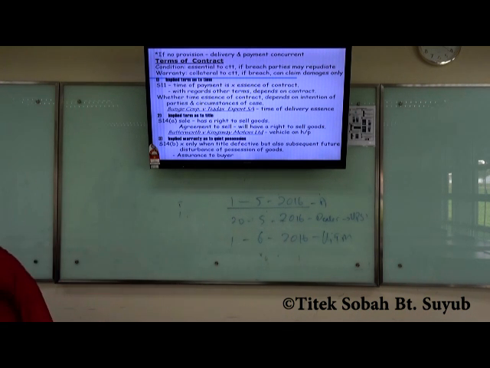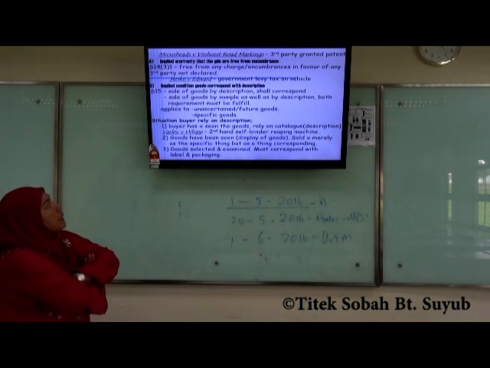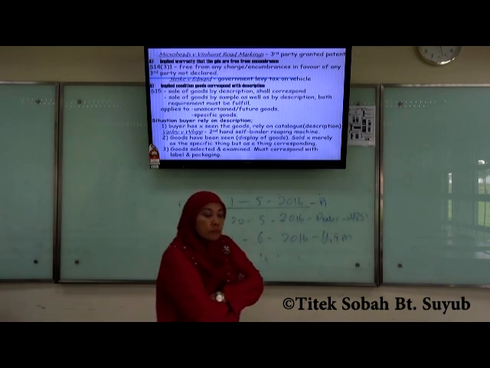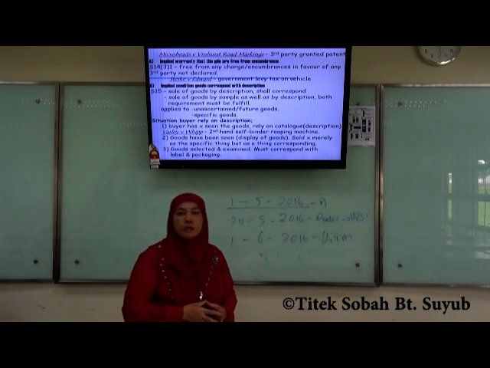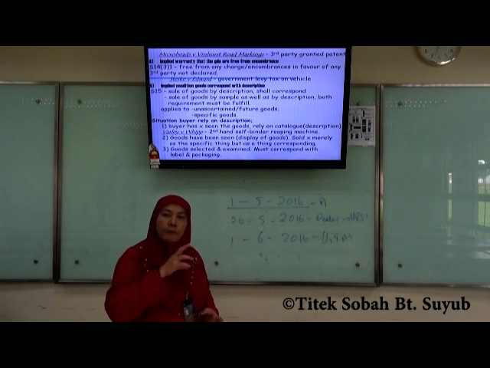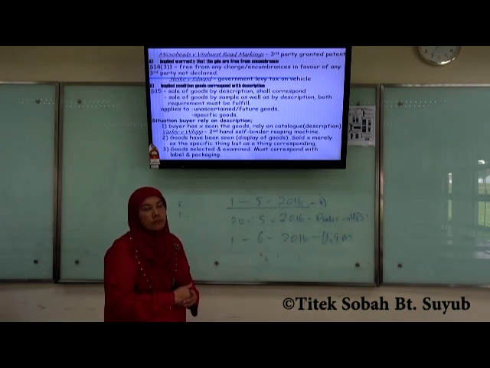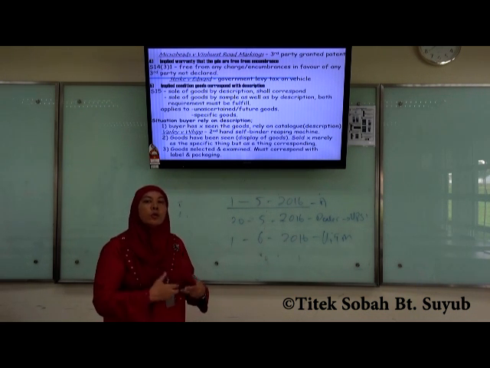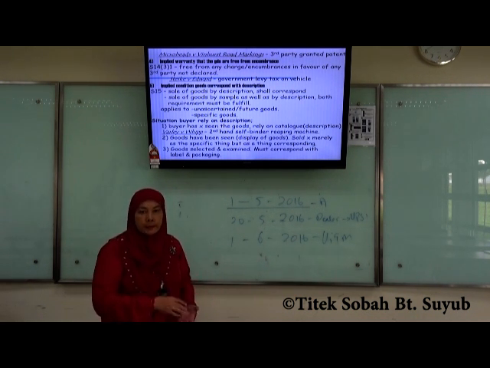Let us have a look at the case of Microbeads versus Vinhurst Road Markings. So what happened in this situation is this: when the buyer bought this road marking machine, at that time there was no claim with regards to patent.